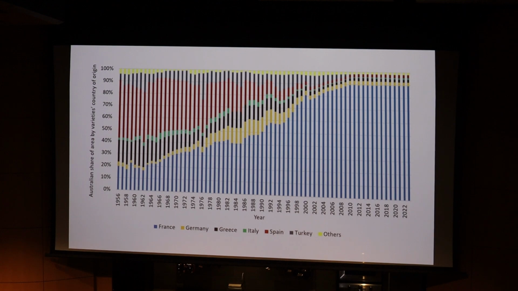But the surface of some grape varieties like Grenache from Spain and Sultana from Turkey has decreased tremendously. And at the same time, the surface of some key French varieties from France has increased so much that now about 90% of the Australian vineyard area is planted to French varieties.